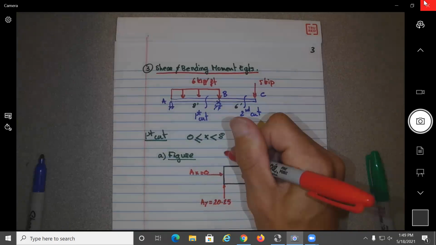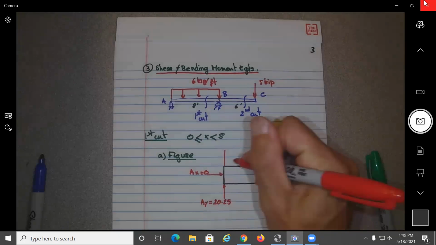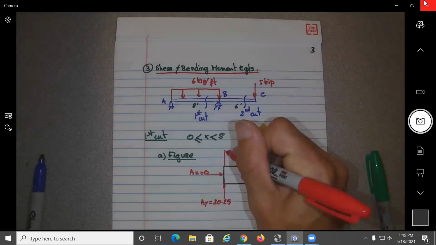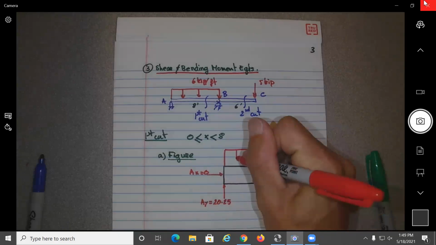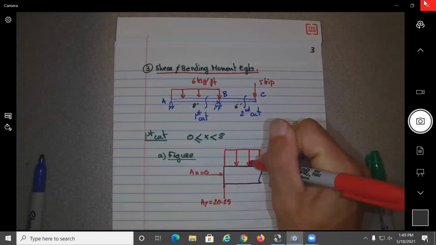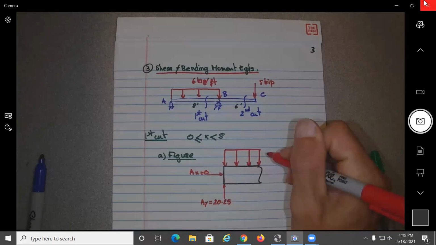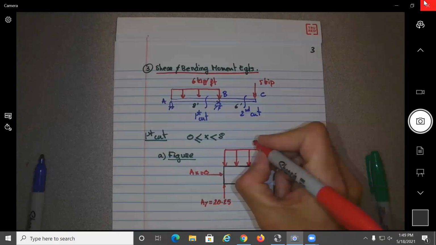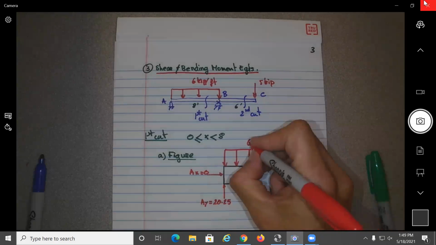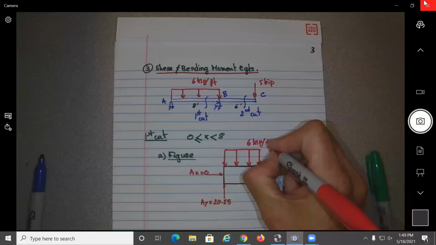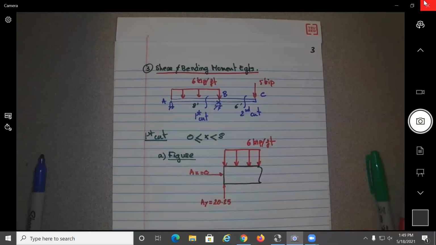Okay, and here we have the distributed load to be 6 kip per foot, and this is the cut. Okay, this is where we did the cut.